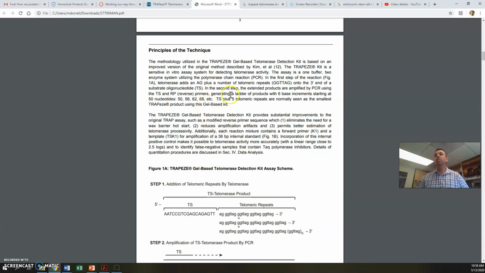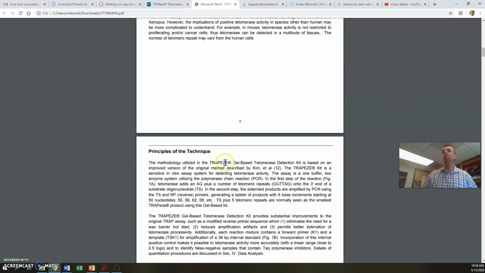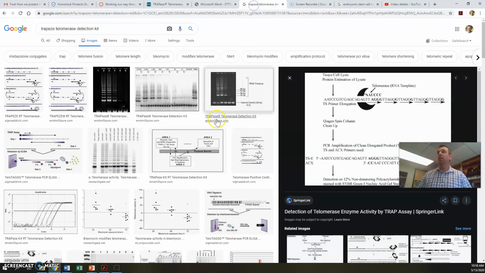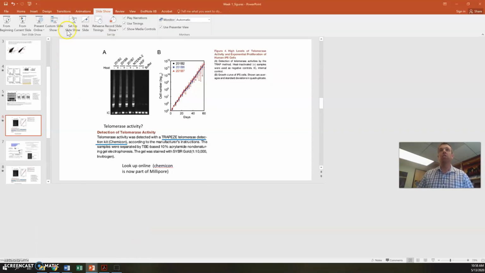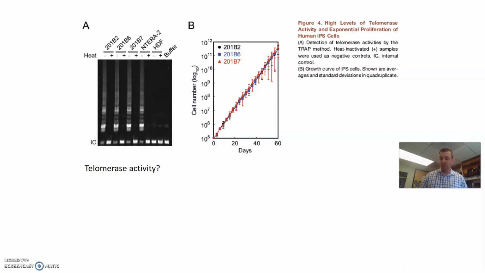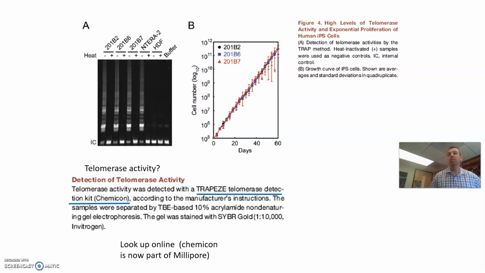Within 5 minutes, even if I had no clue what TRAPeze was to start with, just reading these 2 pages, I basically can get it down. And just another Google search starts to have a lot of images that really start to explain what's going on. So you can look up these techniques even if you start with no knowledge of them, and you can really learn what's going on. And by learning what's going on, you're going to be able to describe this even better.